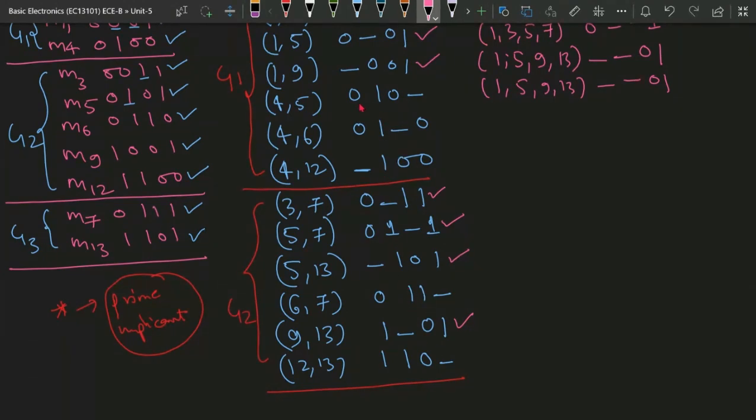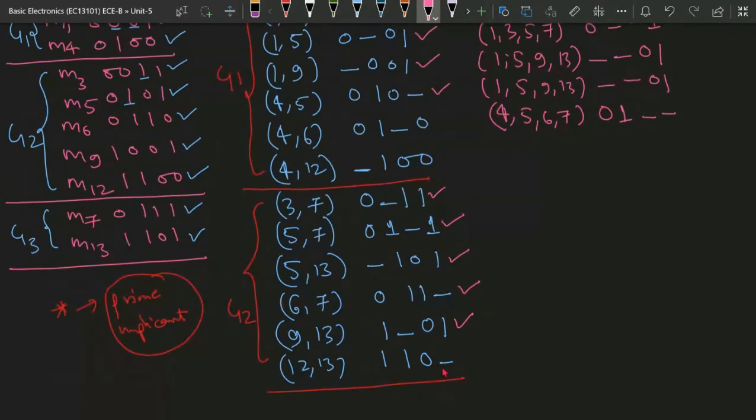It is 1, it is 1, it is 0 0. So it is same. So it will be paired 4 5 6 7. It is paired with 6 7, such that it is coming out to be like 0, and then 1 0 1, then dash dash 0 1 and dash dash.